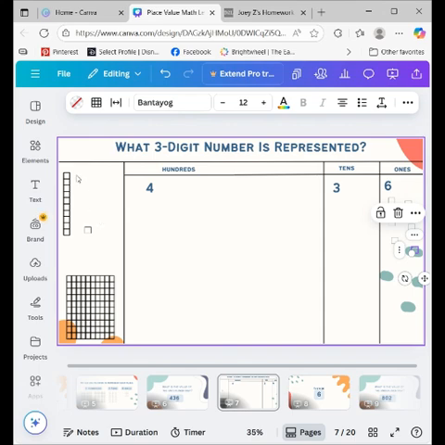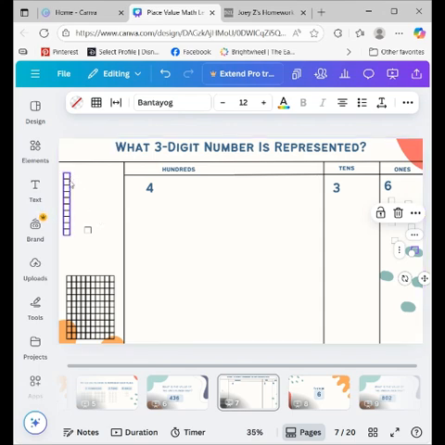So let's count. 1, 2, 3, 4, 5, 6, 7, 8, 9, 10. So now we don't have to count this one. So we know that this is the tens now.